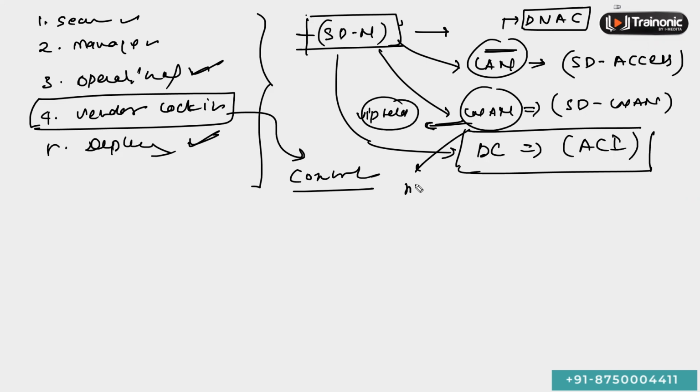Cisco also offers Meraki based SD-WAN. So we have two SD-WAN solutions in Cisco, Meraki based and Viptela based, which are just approaches to managing the WAN devices in the infrastructure. And as far as the data center is concerned, ACI, application-centric infrastructure, is already there. It has been there for a comparatively very long time.